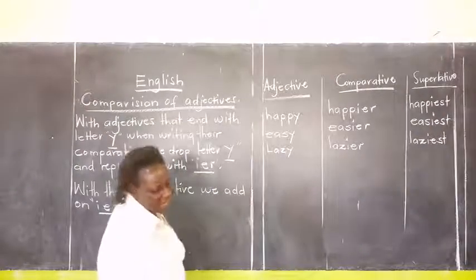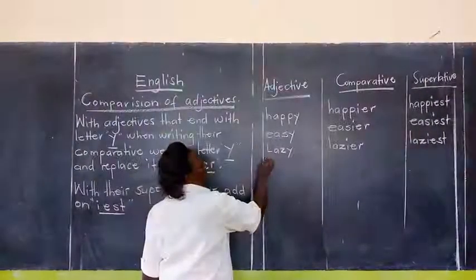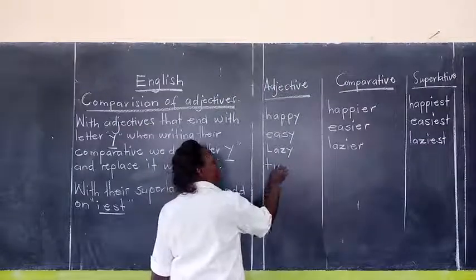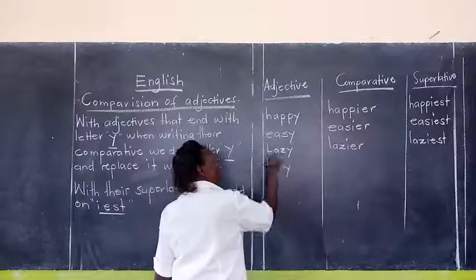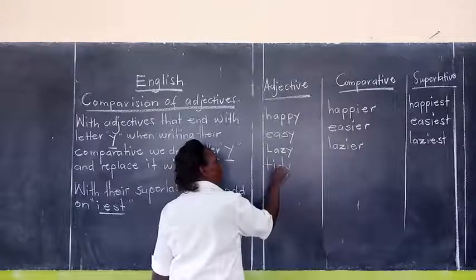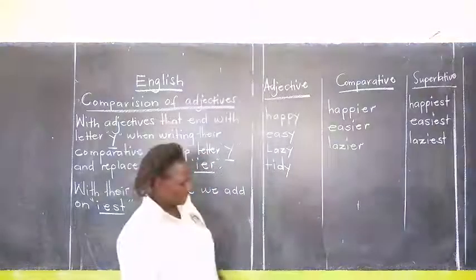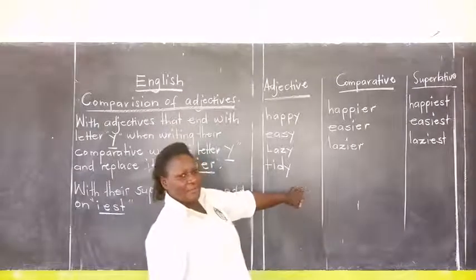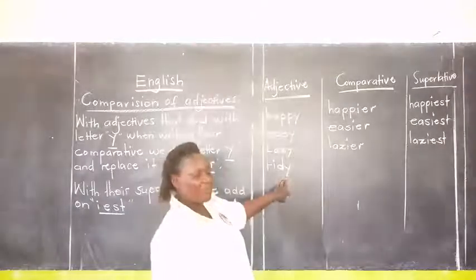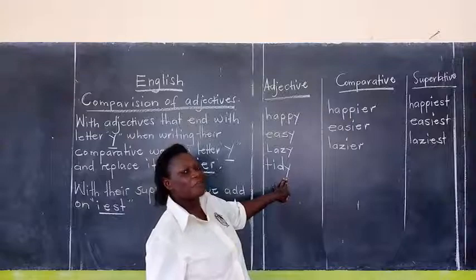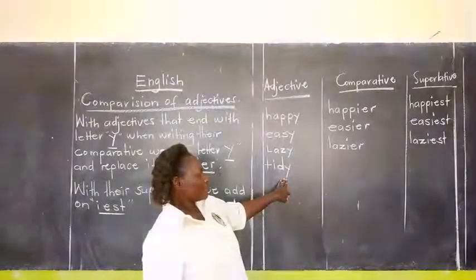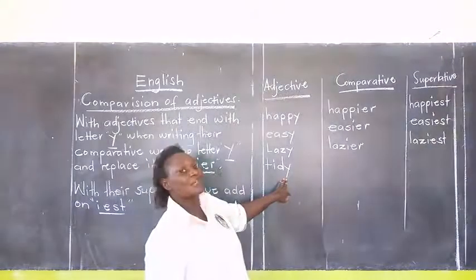Then we can have this one here. Ladies are supposed to be tidy in whatever they do. They are supposed to be very clean and tidy. You can look at somebody and say, that girl is tidy, very organized and tidy. But you find another one is extreme.